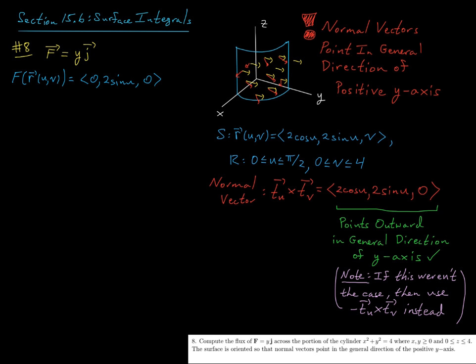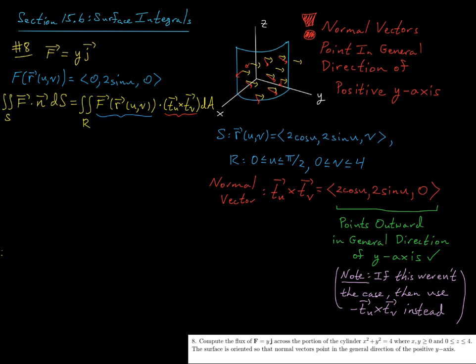All right. And so then, as we discussed in the last video, the surface integral of our vector field over S here can be computed in terms of this parameterization, where we're going to take F evaluated along the surface, so this is just F of r(u,v), dotted with this normal vector t_u cross t_v.